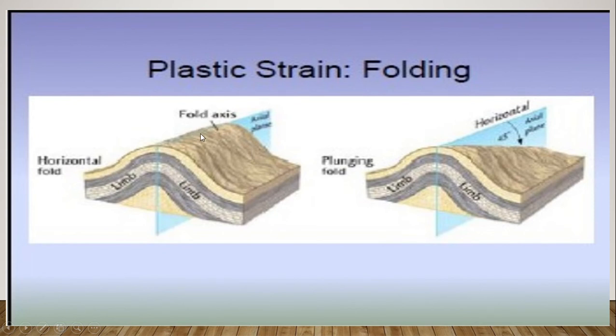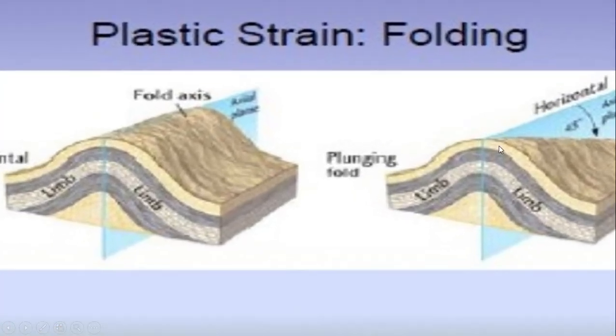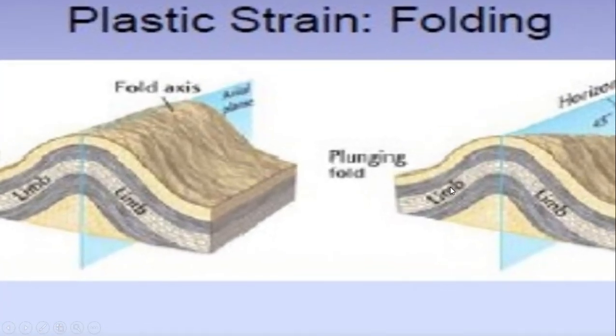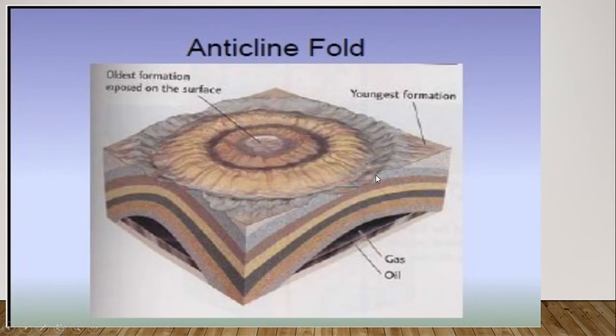Plastic strain folding. This is the horizontal fold. This is the fold axis. When strain is being applied, the rock will form like this. This is the plunging fold. This is the horizontal axis. In the anticline fold, the oldest formation is exposed on the surface.